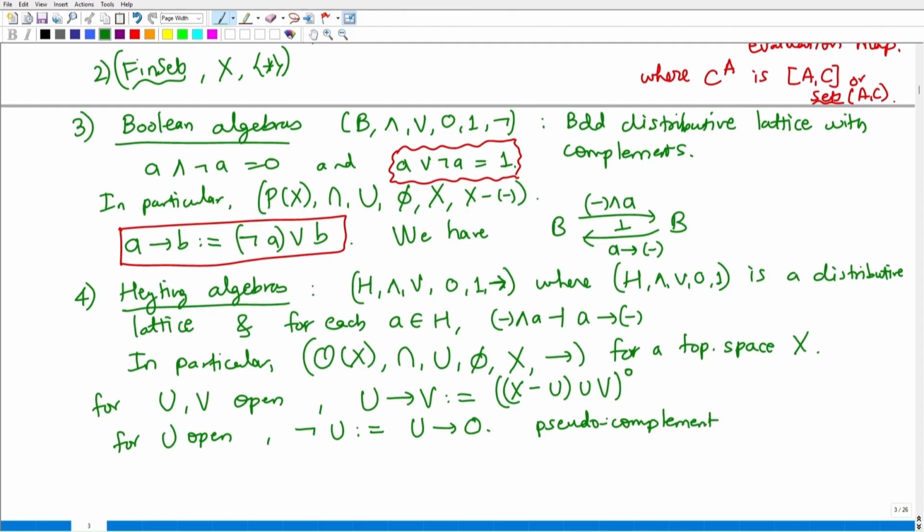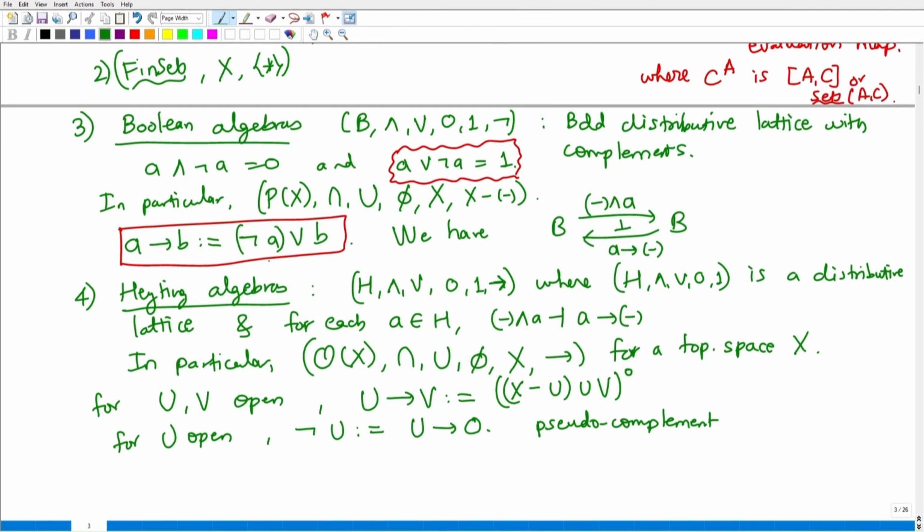So for the first one, only V is open, not U. No, for this line, do you mean this line? I said U and V are both open. So why do you need the U complement? We are trying to follow this red square bracket, but at the same time we have to land inside open sets.